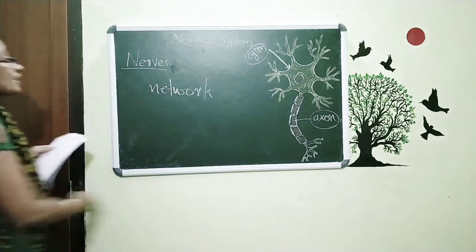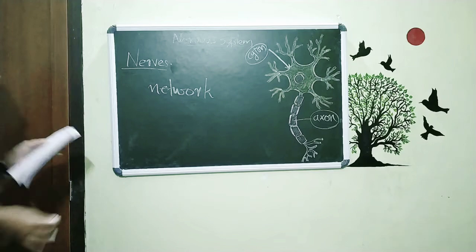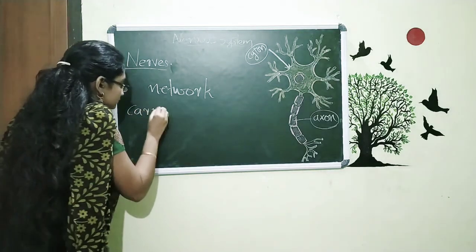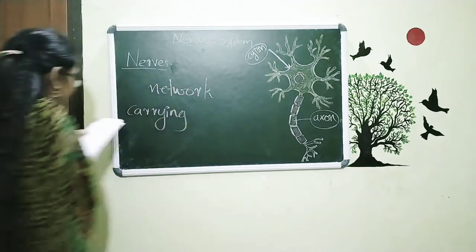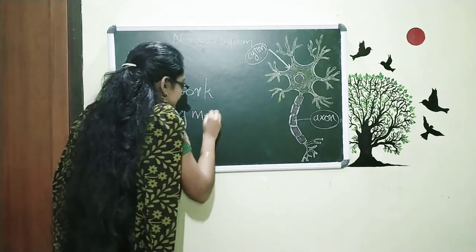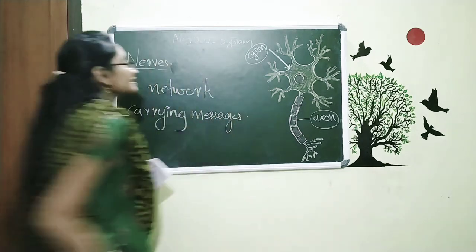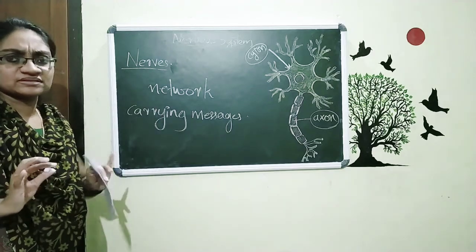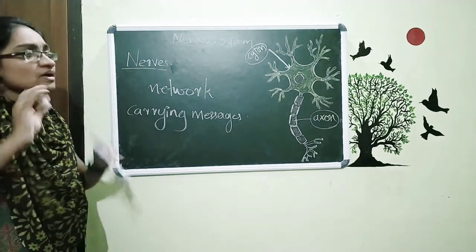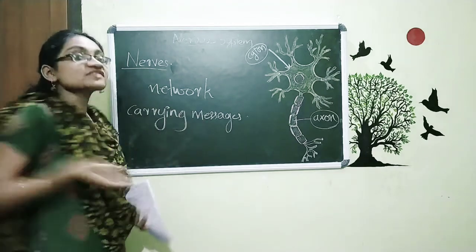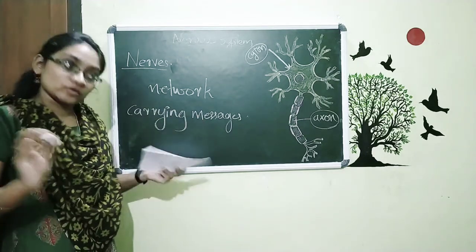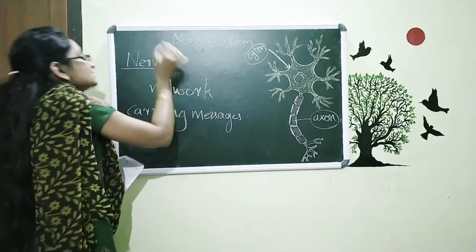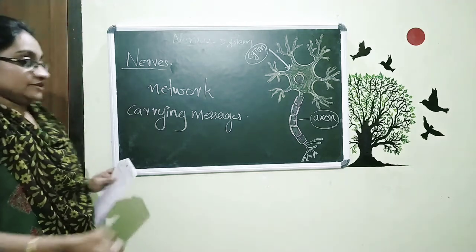And this network is carrying messages from the brain to different organs, not a single organ but all the organs, and also messages from the organs to our brain. That is the function of the nerves.